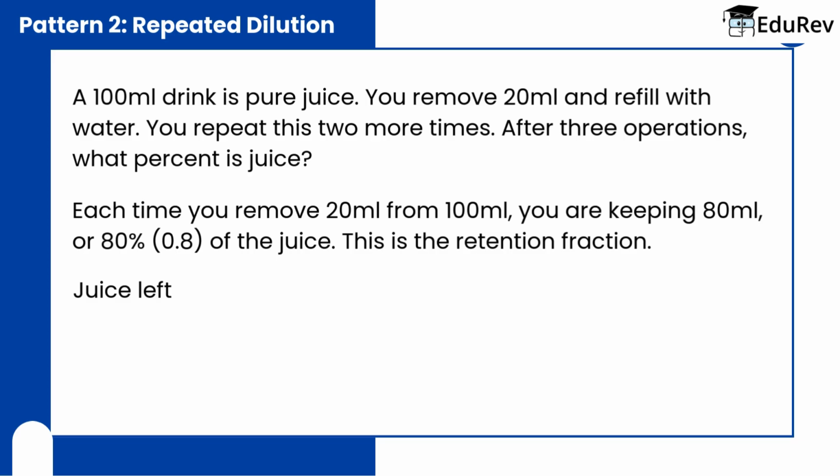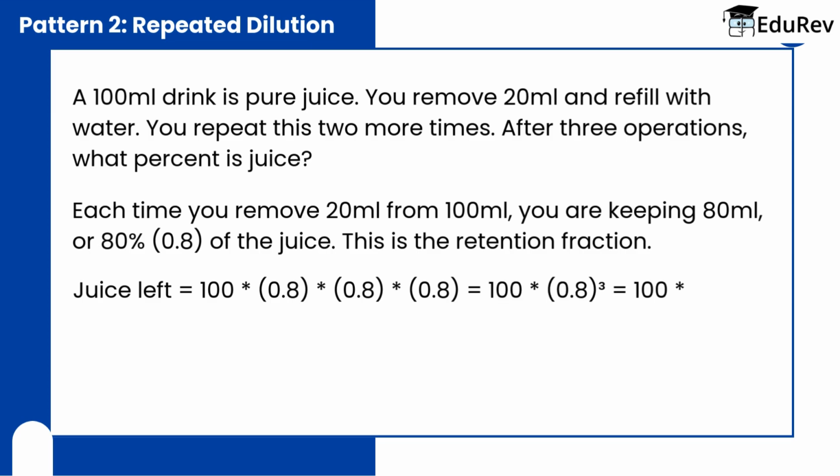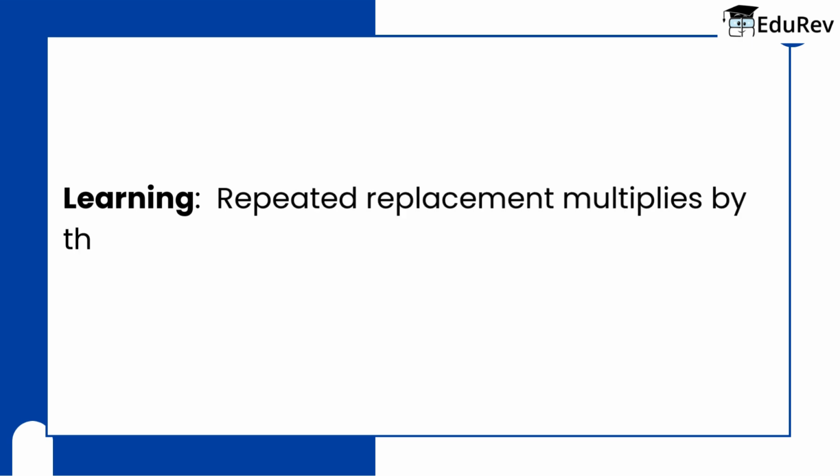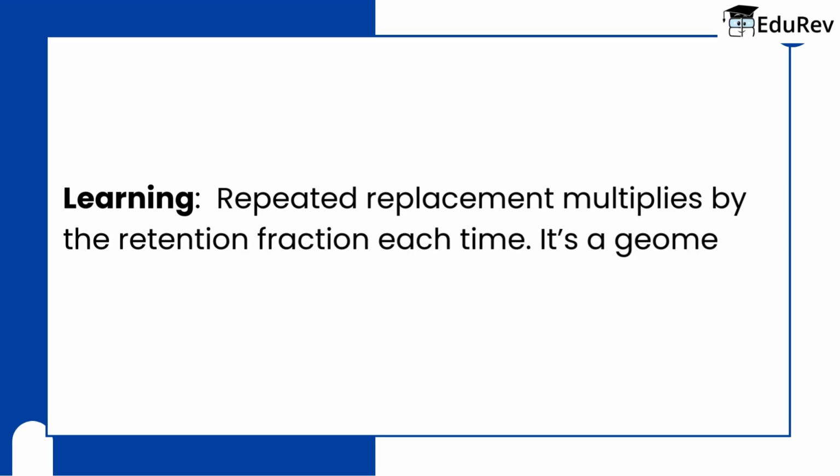Juice left equals 100 times 0.8 times 0.8 times 0.8, 0.8 cubed, equals 100 times 0.512 equals 51.2 milliliters. The percentage is 51.2%. The learning is, repeated replacement multiplies by the retention fraction each time. It's a geometric progression in disguise.